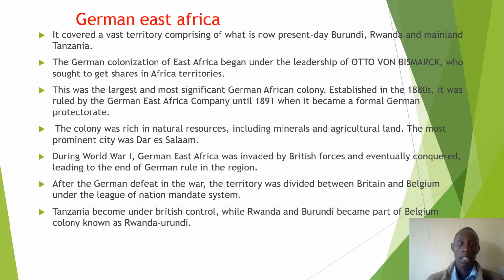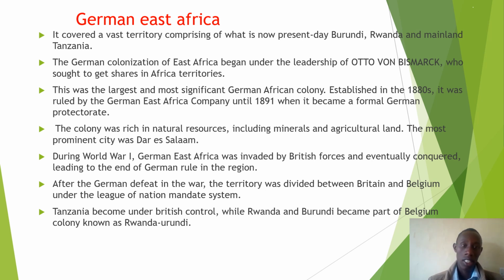This was the largest and most significant German African colony, established in the 1880s, and it was ruled by the German East African Company until 1891, when it became a formal German protectorate.